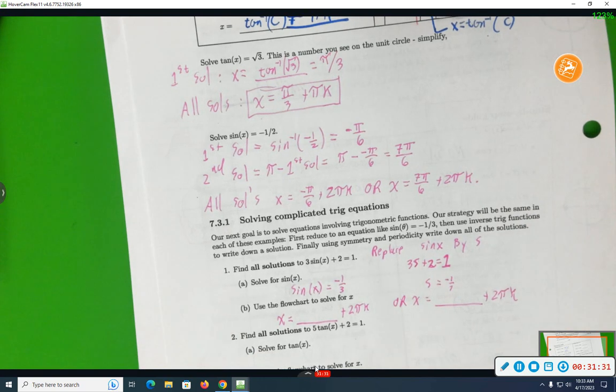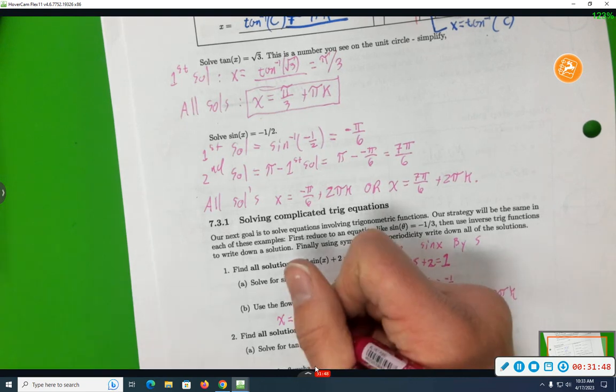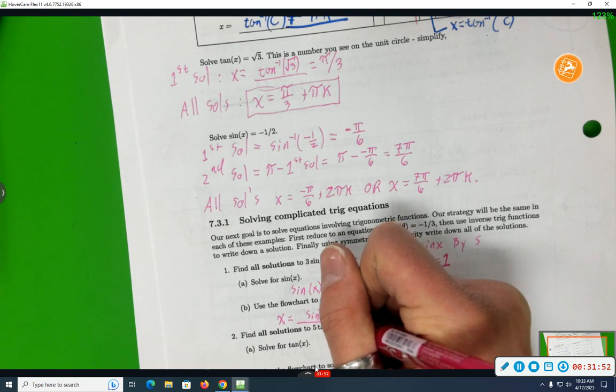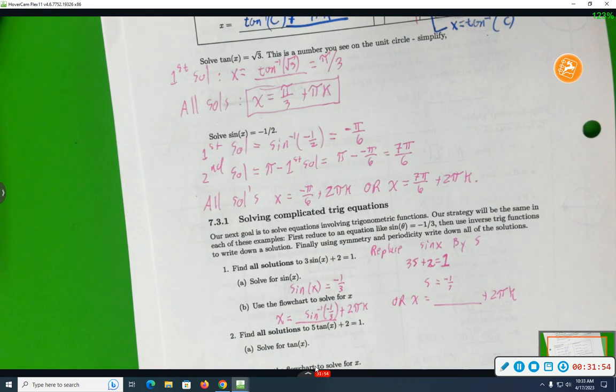Let's write down the things that go in those blanks. What's the first solution to this equation? Inverse sine of negative 1/3. So there's the first solution.